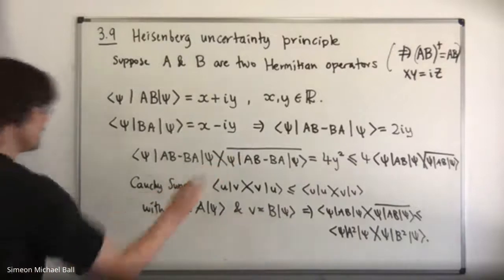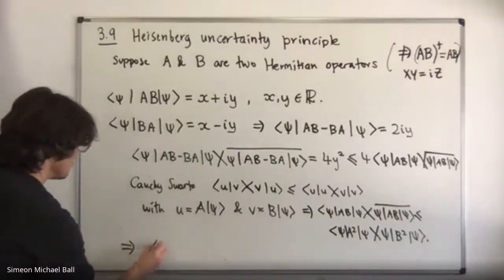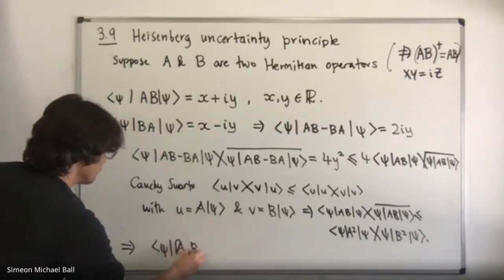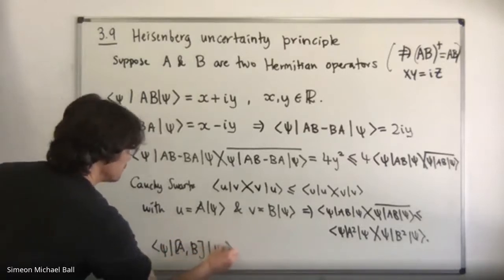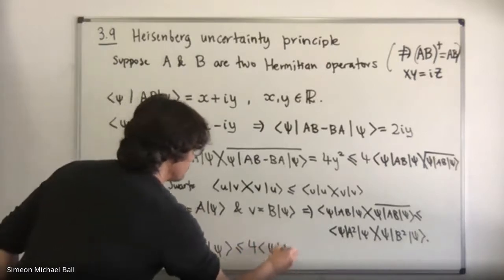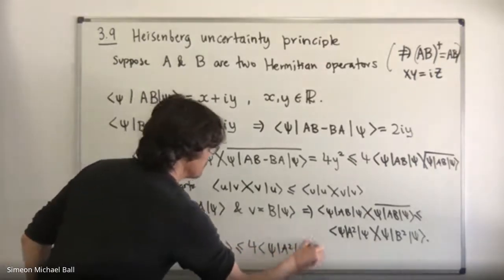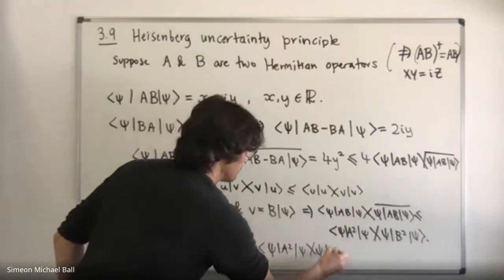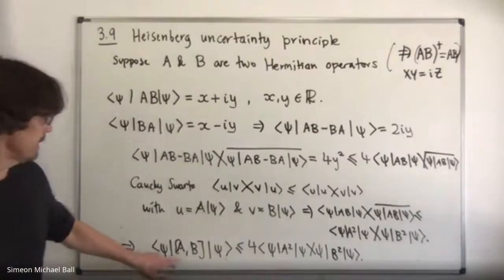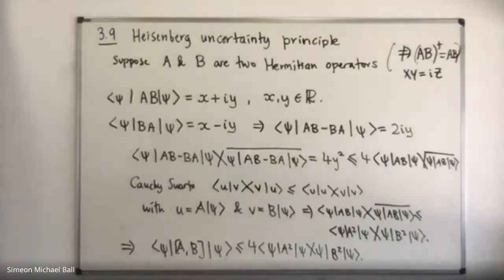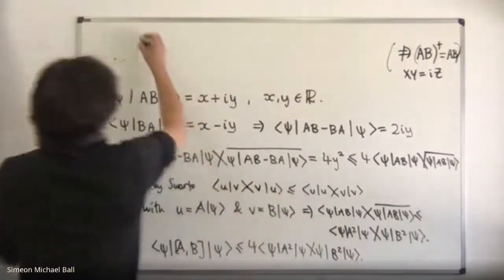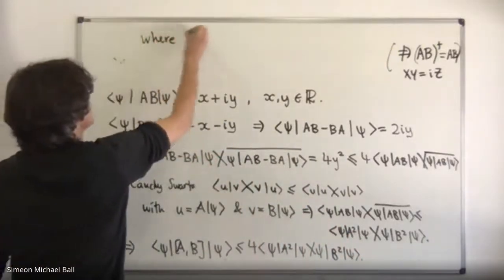So putting this together, we have that. And here I'm using the notation for the commutator of A and B, so I'll just tell you this is this.